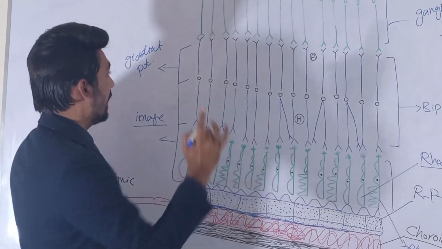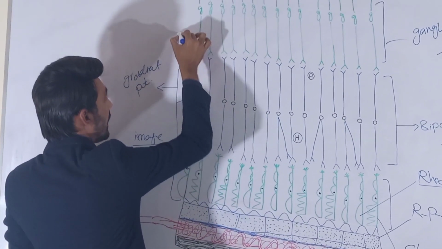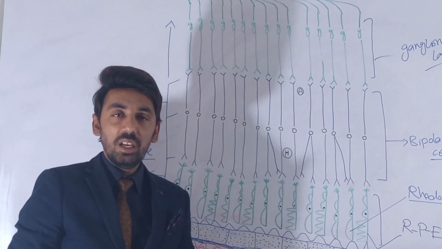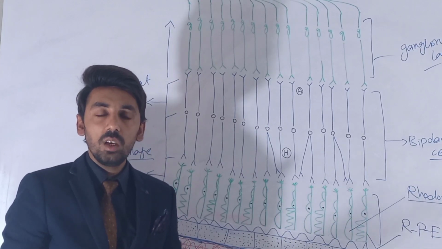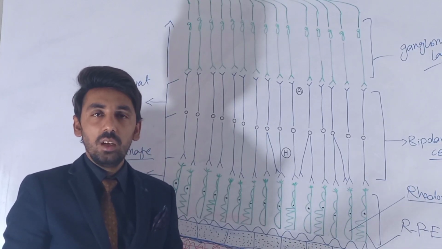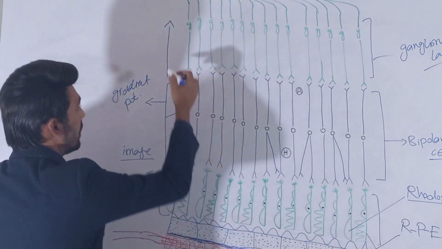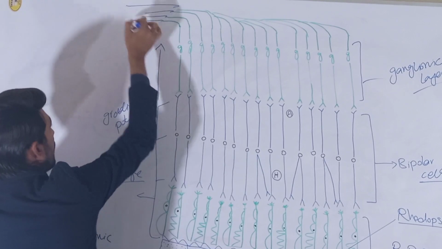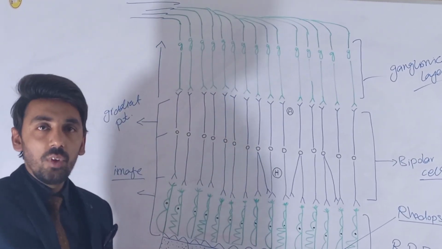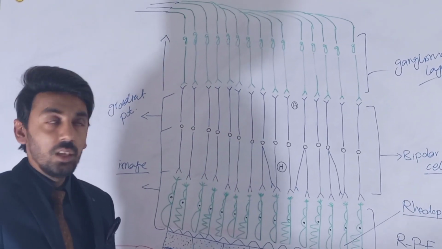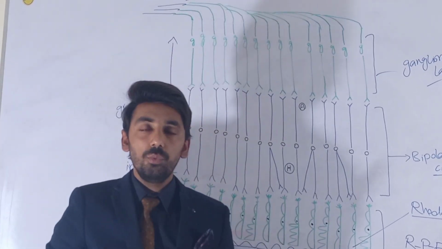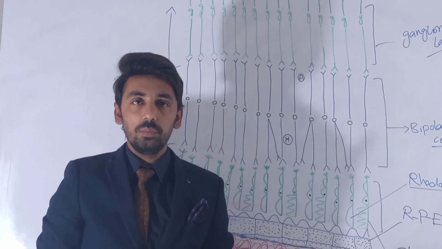But when it moves into the ganglionic layer, this local potential will convert into the action potential, the electric current, and then this electric current will move towards the optic nerve, and this optic nerve will take this action potential towards the central nervous system, toward the visual cortex of the central nervous system.